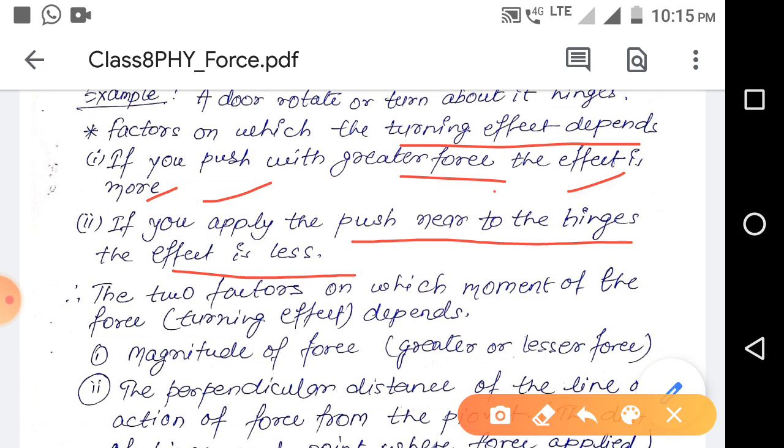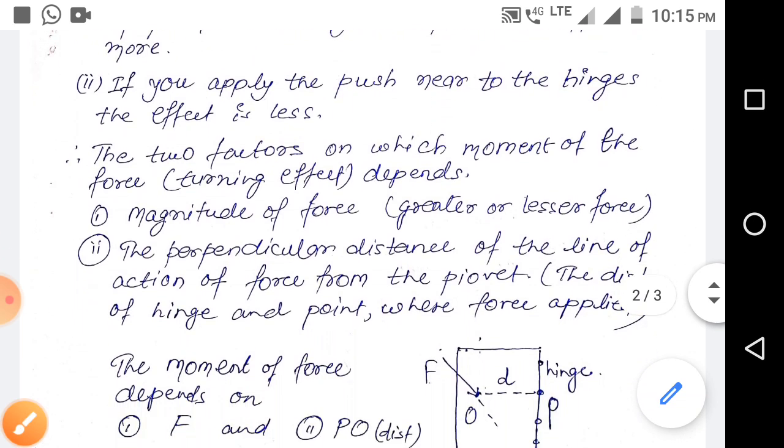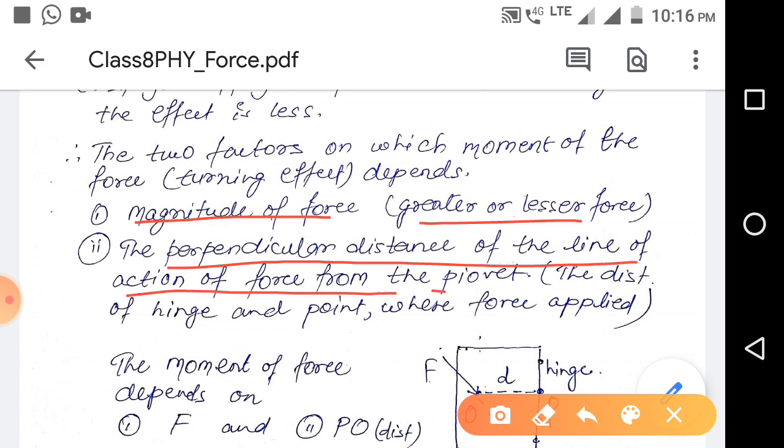So if you go near the hinges and the force is applied near the hinges, then there will be less turning effect. So the two factors on which the moment of force depends are the magnitude, that is what quantity of force is applied, greater or lesser force, and the perpendicular distance of the line of action of force from the pivot, that is the distance of the hinge from the point where the force is applied.